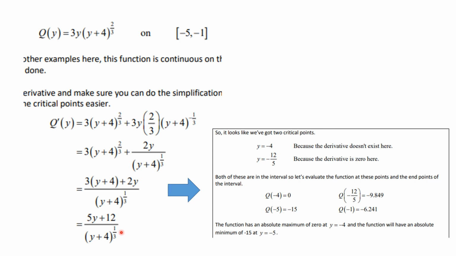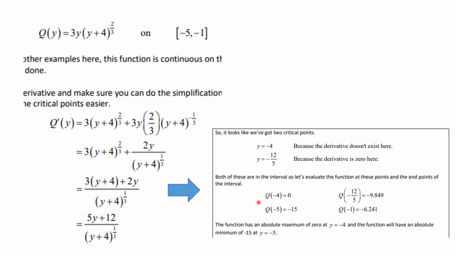But now we have two possibilities. We have a critical point where the denominator is equal to 0, that is at minus 4. And when the top is equal to 0, that is at 12 over 5. So we've got two critical points. And both of these critical points are in the interval.